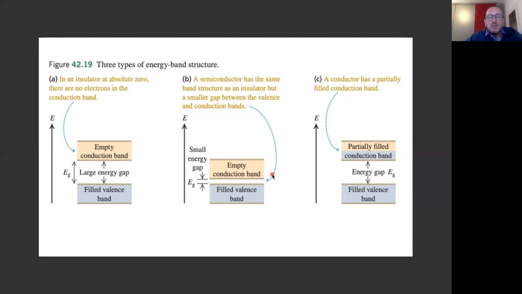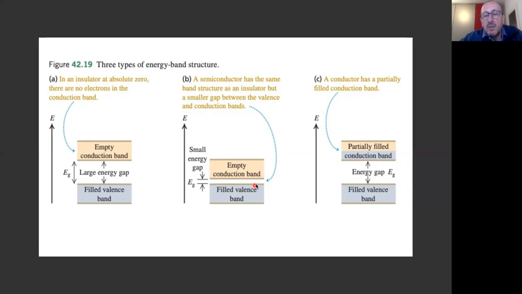I said I want to make a device with this. If I make a device, I have to put some electrons up here, but how could I excite electrons? Well, I could use light.